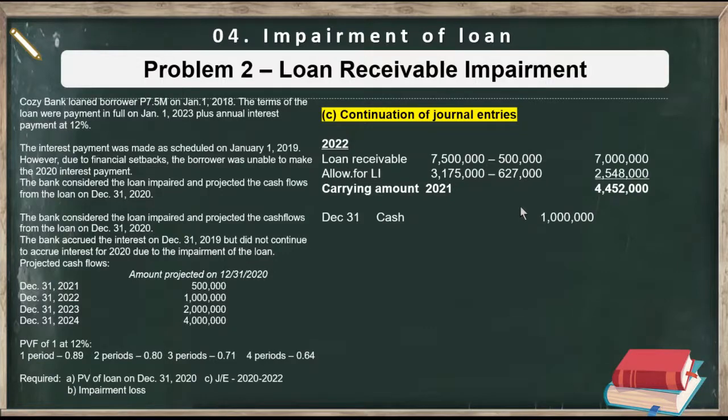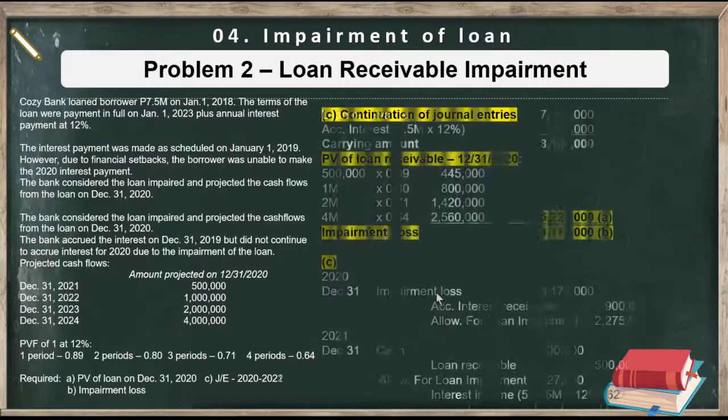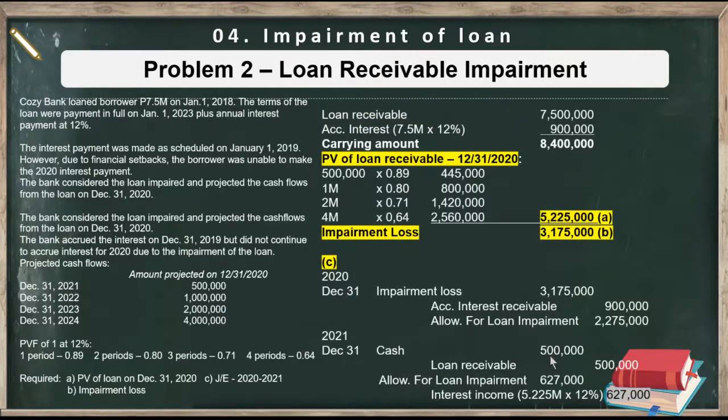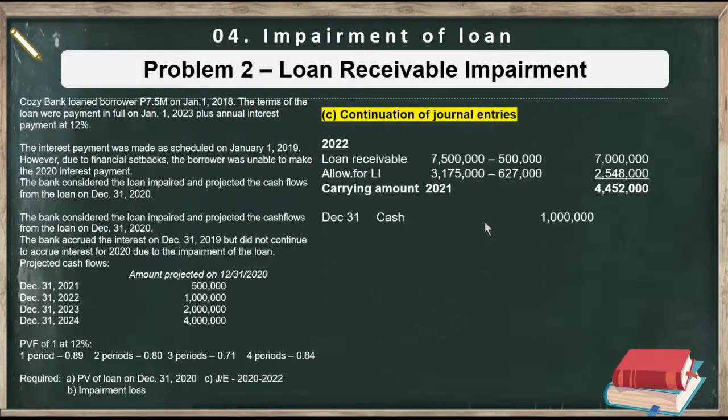In 2022, here, this would be the computation. So the carrying amount is based on the payment of 500,000 and the adjustment to the allowance for loan impairment. So this would be 7,500,000 minus the first principal payment, so 7 million. Allowance for loan impairment, 3,175,000 minus what we recognized, so deduction from allowance, 627,000.